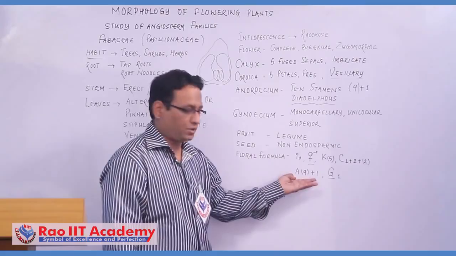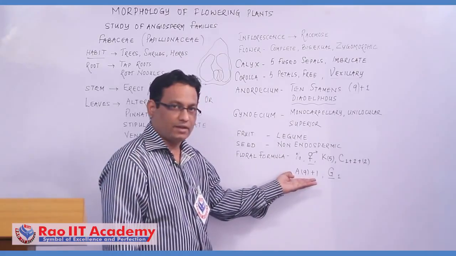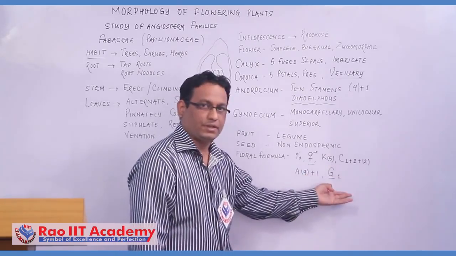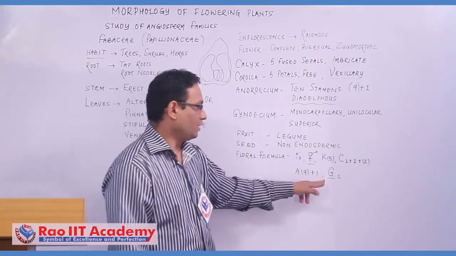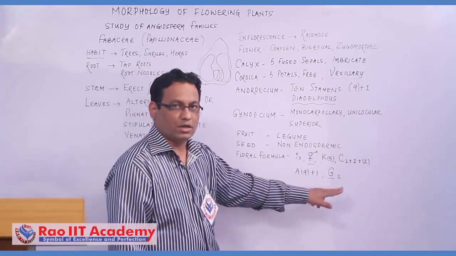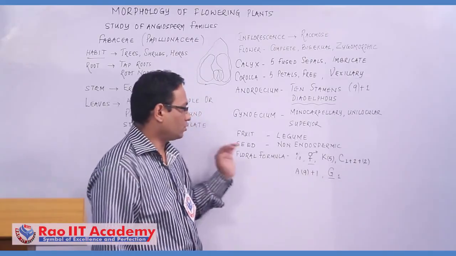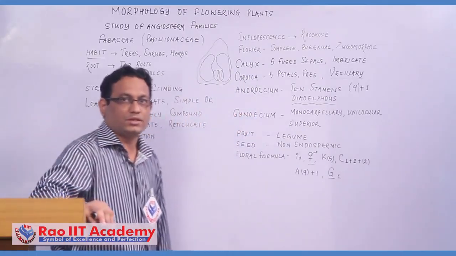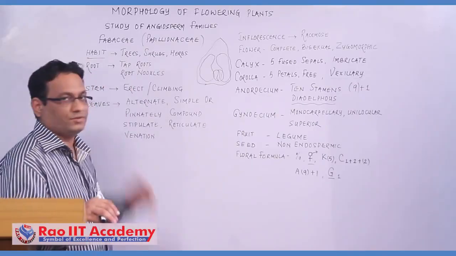This type of expression explains the diadelphous condition of the stamens. And we have a very simple expression for the superior ovary, which is monocarpellary and unilocular. So that sums up the floral formula, which concludes the description of the family Fabaceae.